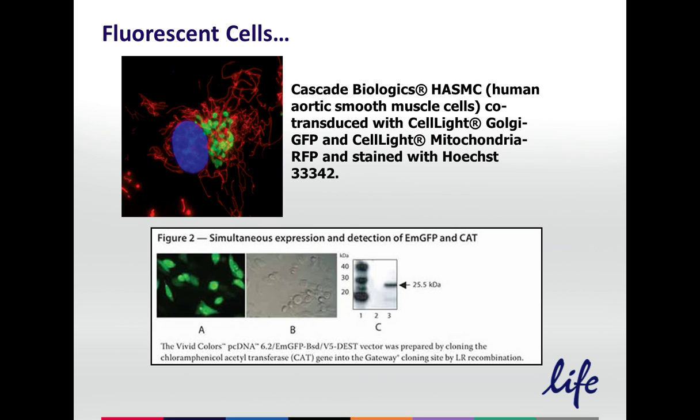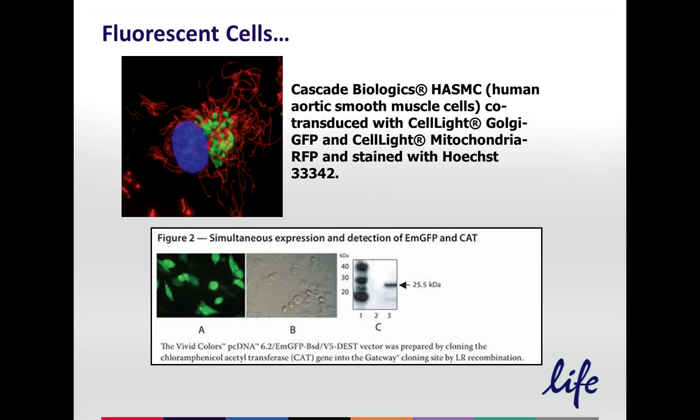We sell vectors, but we also sell the CellLight reagent, which is a BacMam construct. It's a baculovirus, which is an insect virus that's non-pathogenic to mammalian cells. Packaged within that baculovirus capsid is the vector that contains the GFP, and the baculovirus allows entry of that. It delivers that vector into the cell.